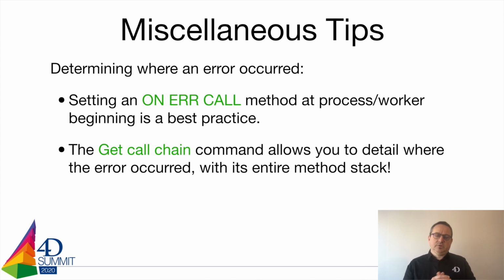It allows you to detail where the error occurred with the entire method stack, and you will have each step. It's very useful to retrieve from where your method was running and where an error occurred.